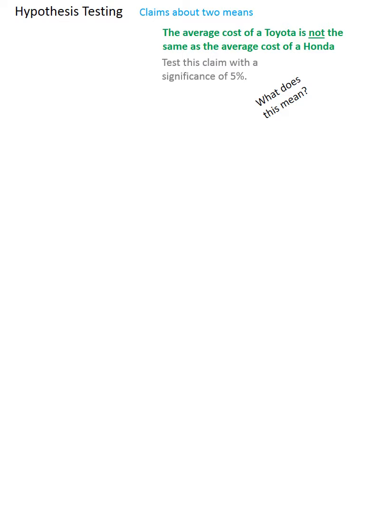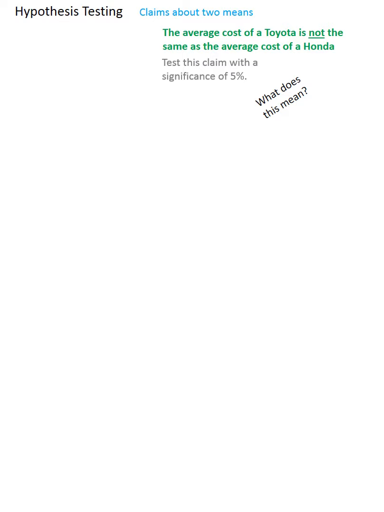But what if the only reason that the sample averages were so different is by random chance, and that in fact the average costs were the same? Well, we wouldn't know, but if that were to happen, we would call that a type 1 error or a false positive.